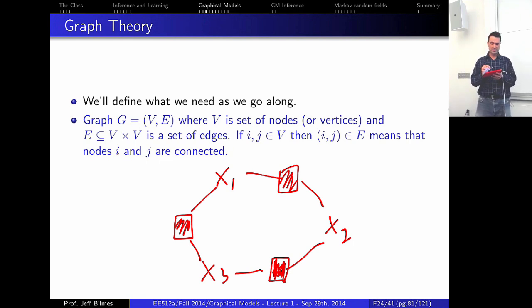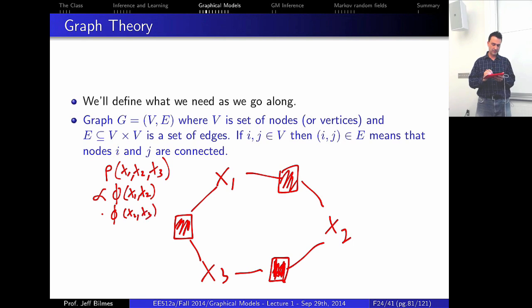If I were to express this distribution, it would be something like the probability of x1, x2, and x3. Now it's not arbitrary. What it says is that it has to be representable as phi of x1, x2, that's one factor, times phi of x2, x3, times phi of x3 and x1.